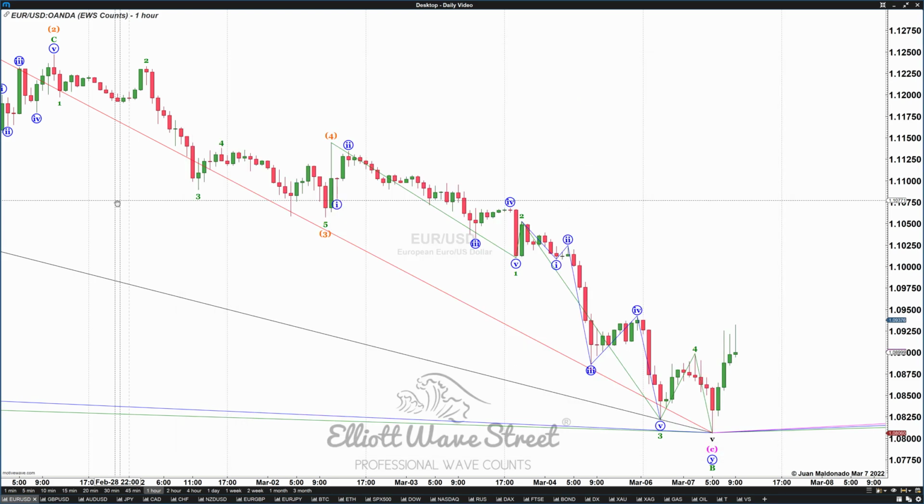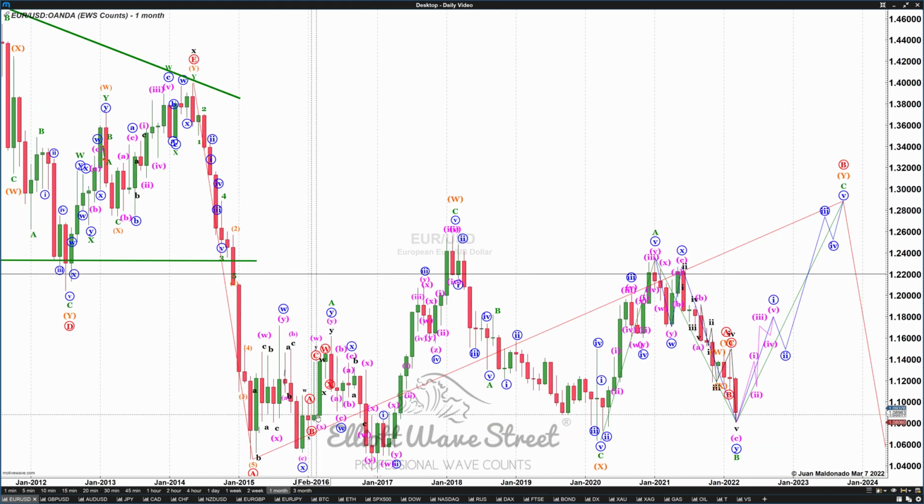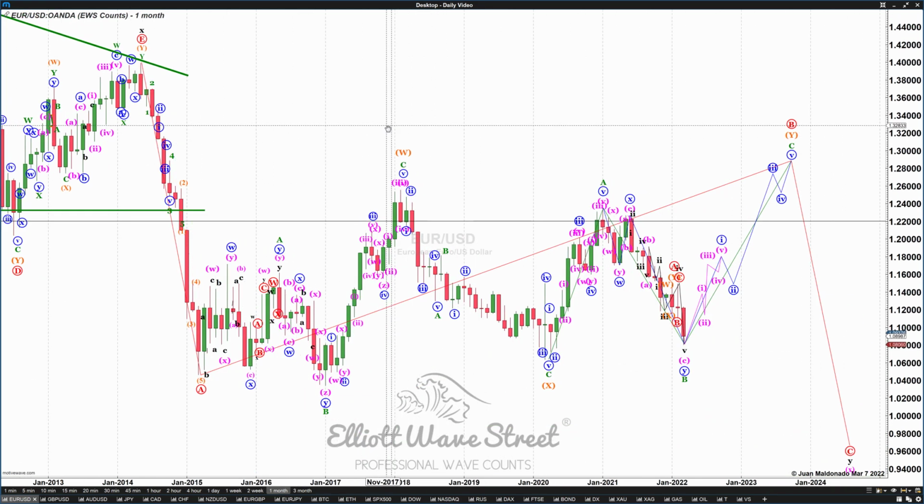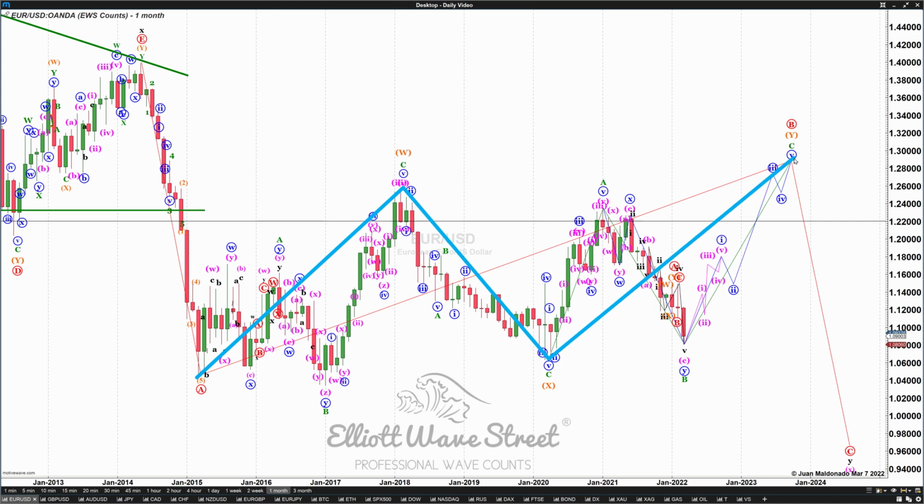All right, traders. So what if we start the analysis on the monthly chart, the big picture? This is the euro. So to keep it simple, the plan on the euro is to have this three-wave sequence. That's what we have been working with over the last years.